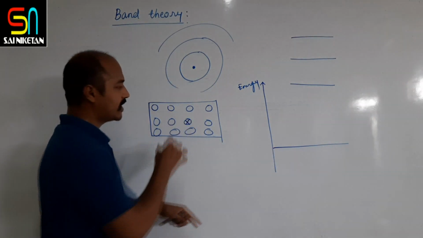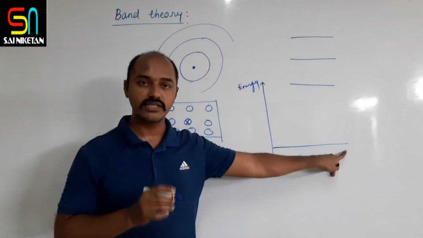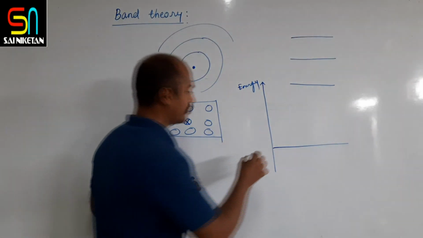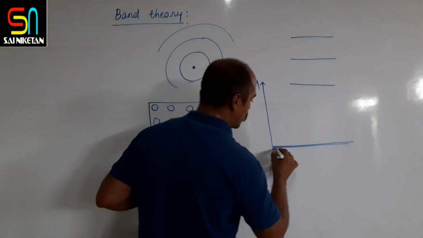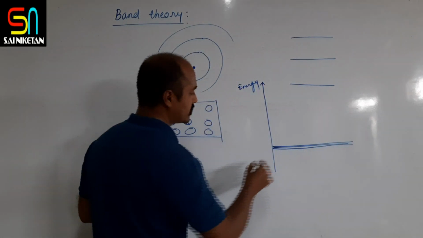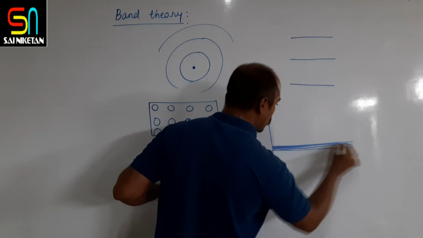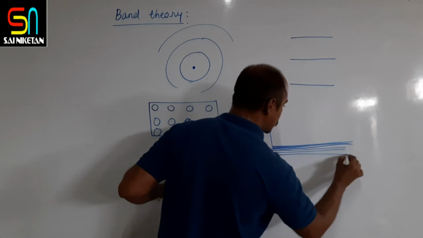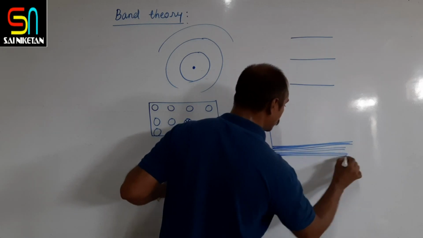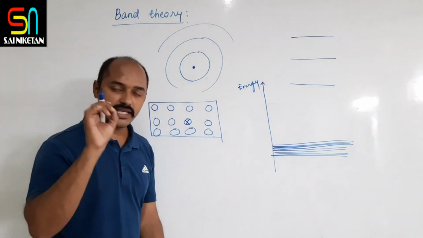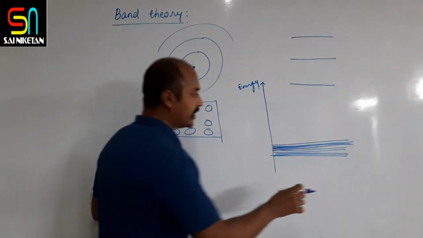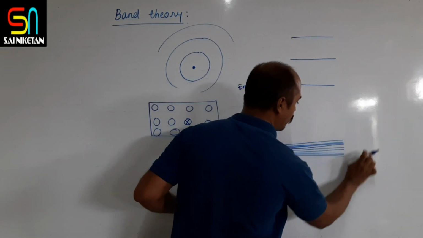If this atom's electron has this much energy, and the second atom's electron has this much energy, and another atom's electron has this much energy, and if we consider all these energies of the single atoms, then we get a band of energy.